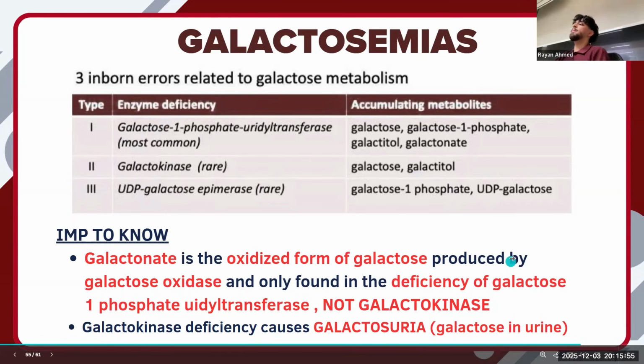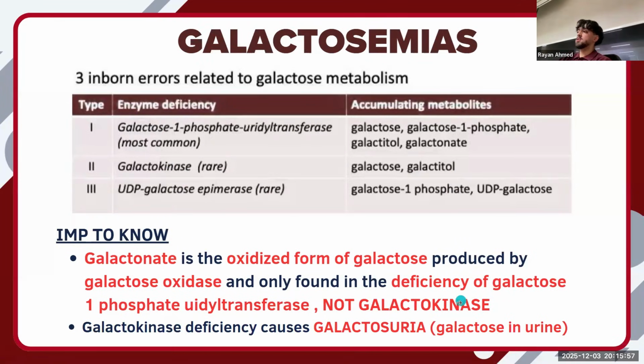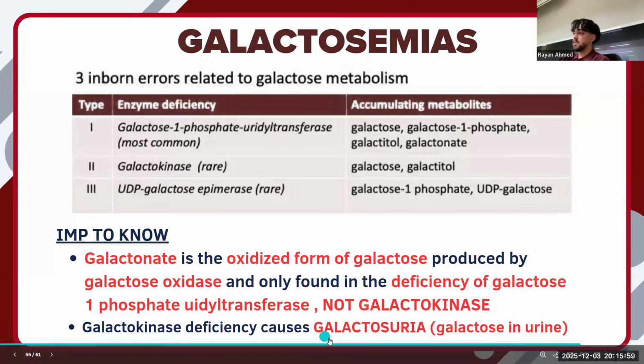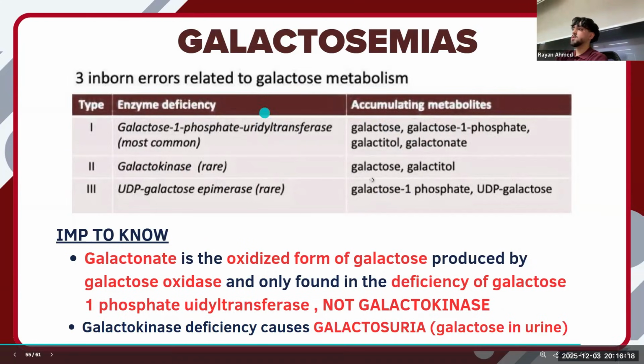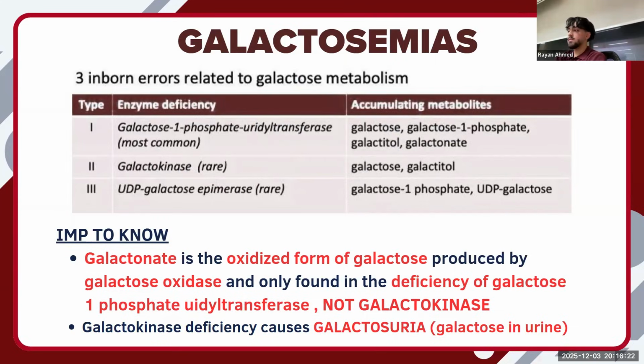This is the differentiating point. As soon as you see galactosuria, galactose in urine, you're going to think of galactokinase being deficient. As soon as you see galactonate or a lot of accumulating metabolites, you're going to think of UDP uridyltransferase. I hope that's simple for you. Just keep this table in mind whenever you're solving questions, and you're going to get almost every single question right, inshallah. If not every question.